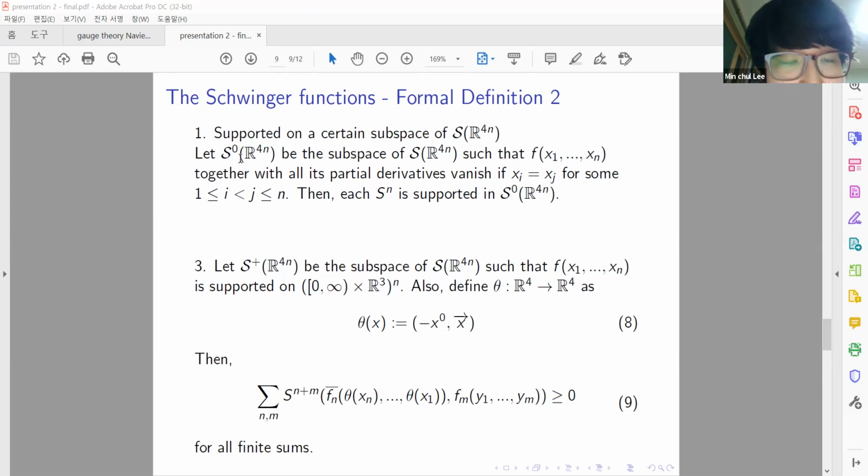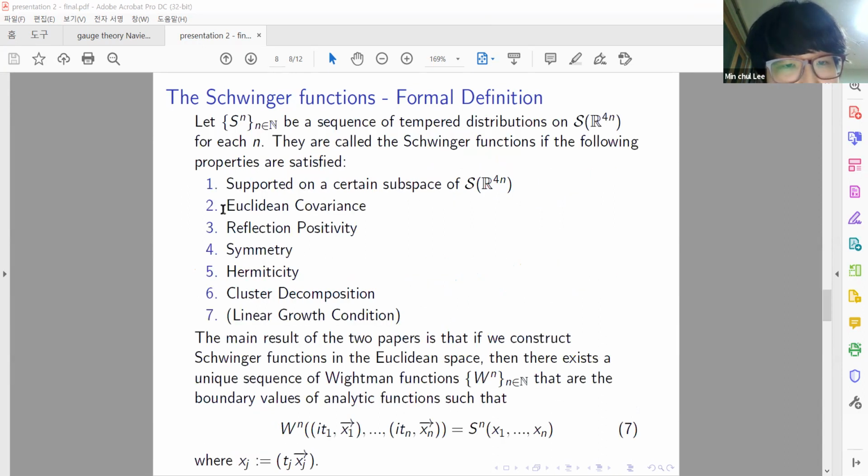So we are saying that a Schwinger function must be supported in this specific subspace.